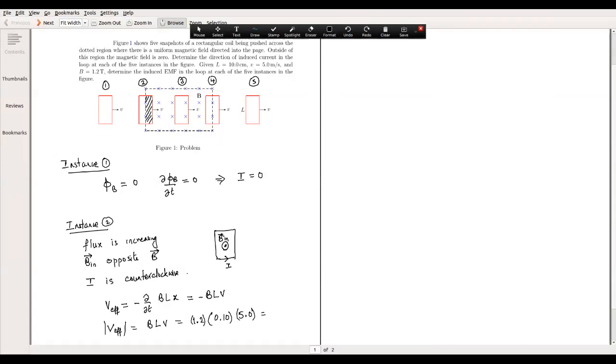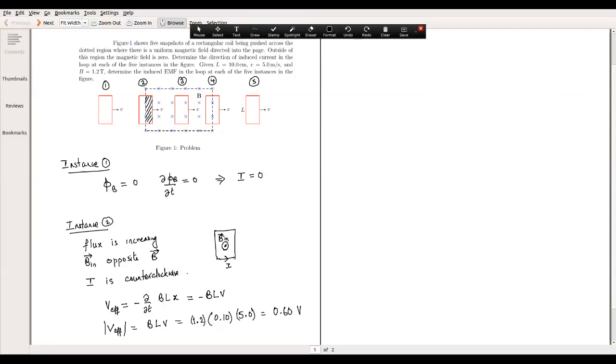So that's 1.2 times 0.1 times 5. That's 0.6 volts.